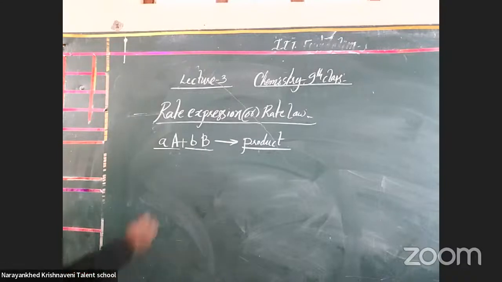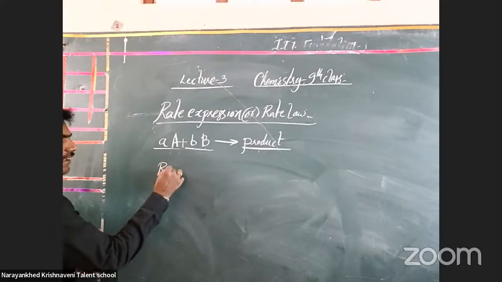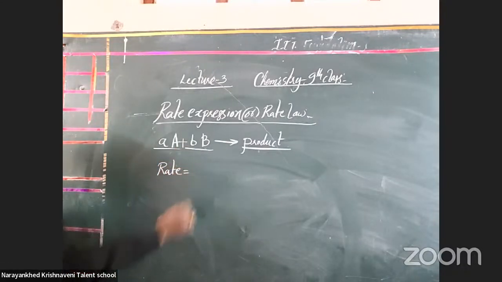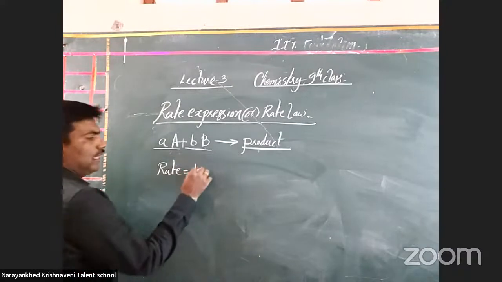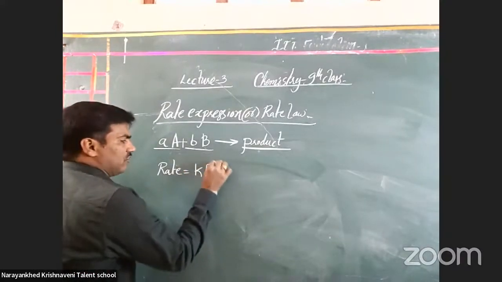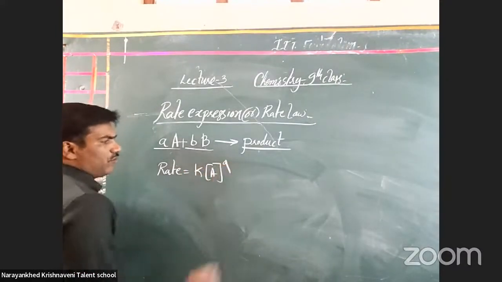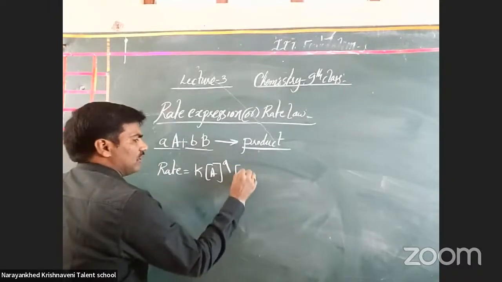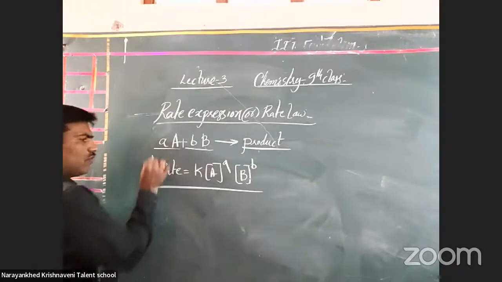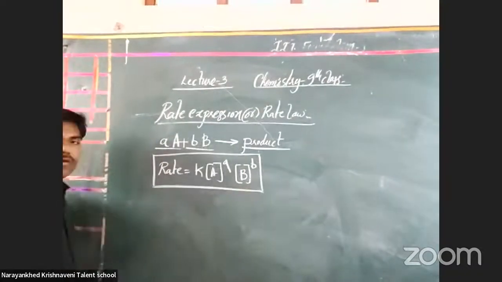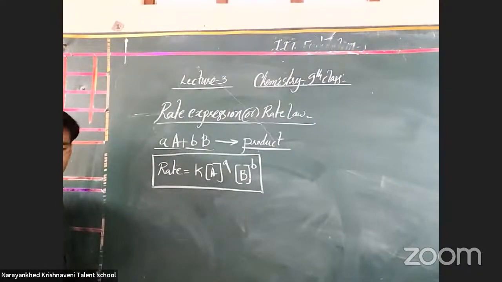Now the rate law, the rate expression, we write like this. The rate of the above reaction is written as rate = k [A]^a [B]^b. This gives us the rate expression. I hope you understood.